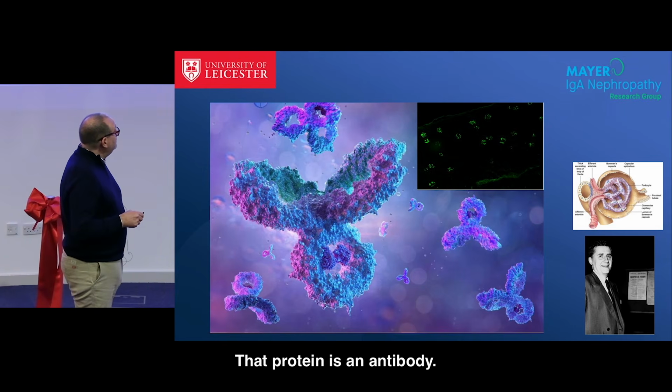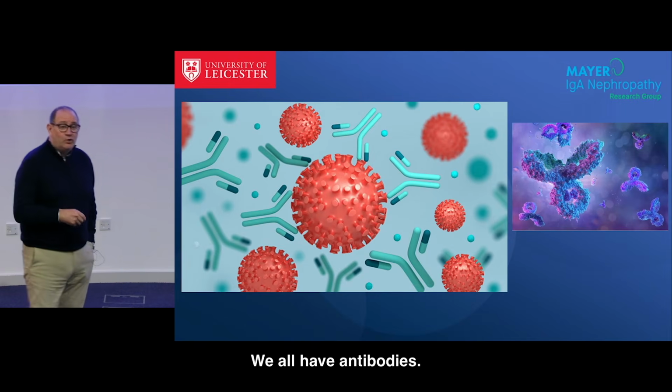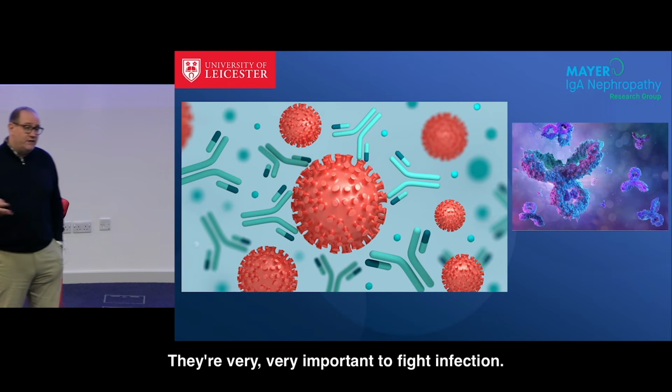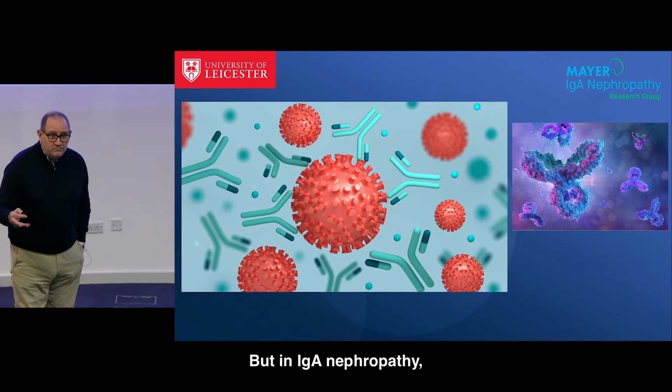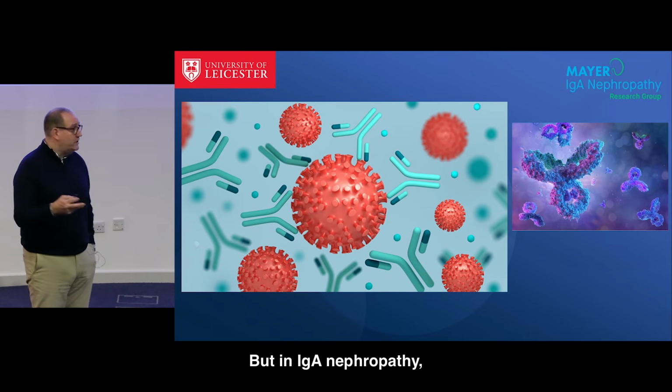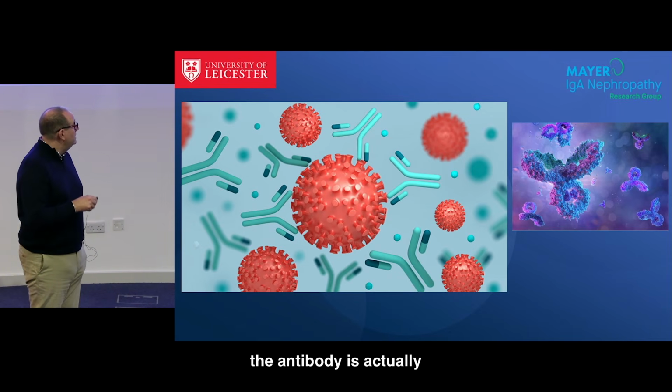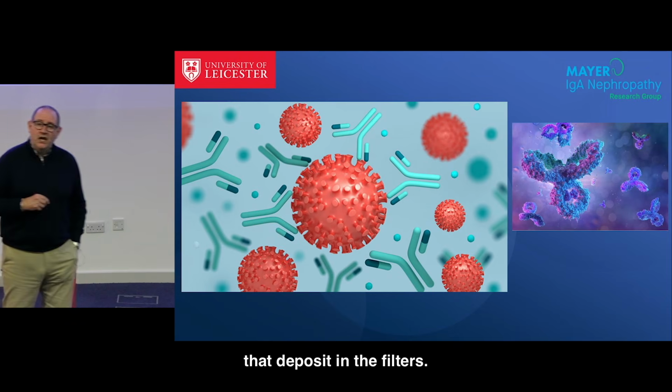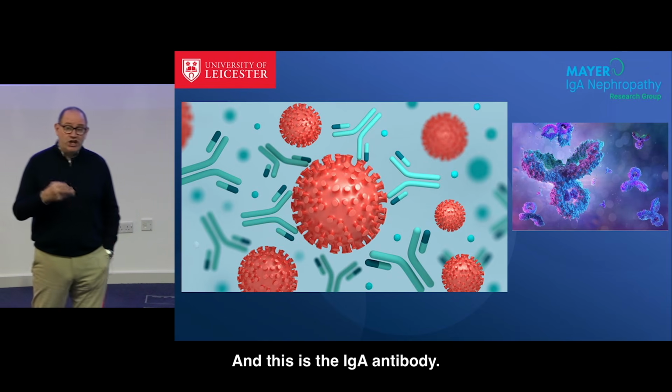That protein is an antibody. We all have antibodies. They're very, very important to fight infection. But in IgA nephropathy, the antibody is actually causing the production of big clumps of proteins that deposit in the filters. And this is the IgA antibody.